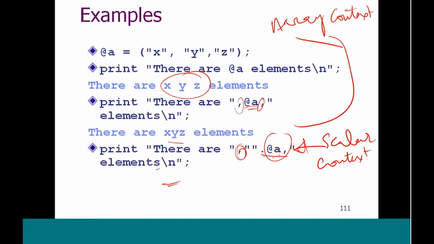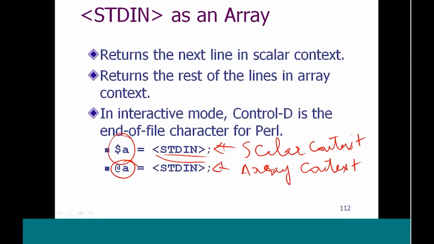In an array context, we just let it be, and we get the answer as just x, y, z if the array's elements are those elements. Whereas if we concatenate the array with a null character, then we get the scalar context, which is the number of elements inside that array. And so we get the actual number itself.